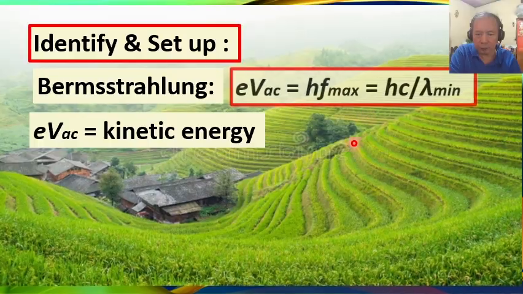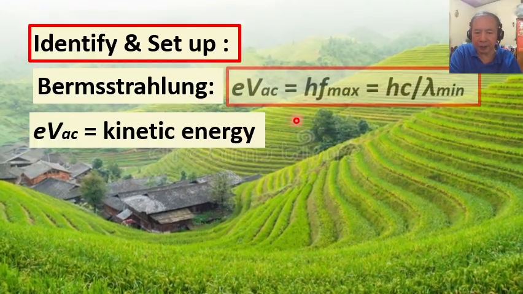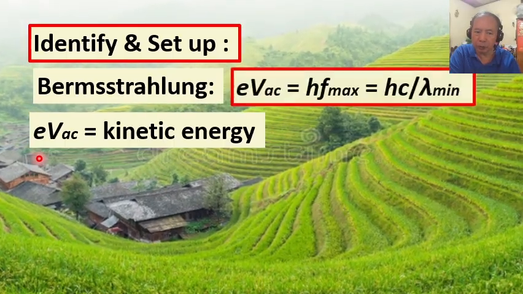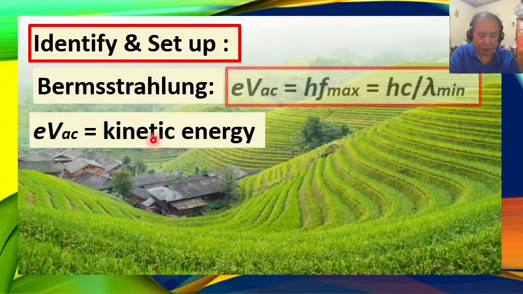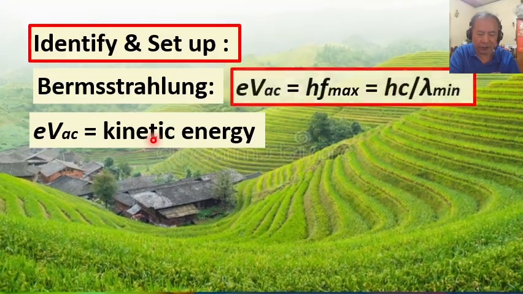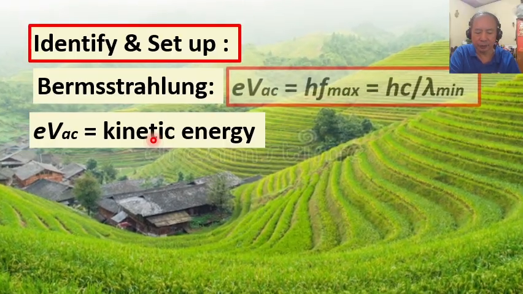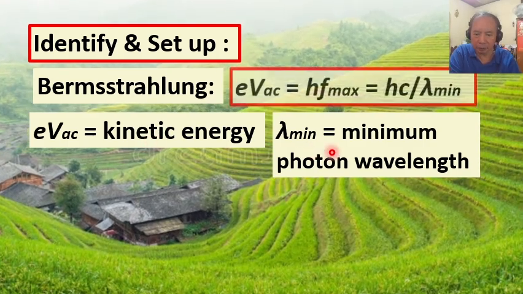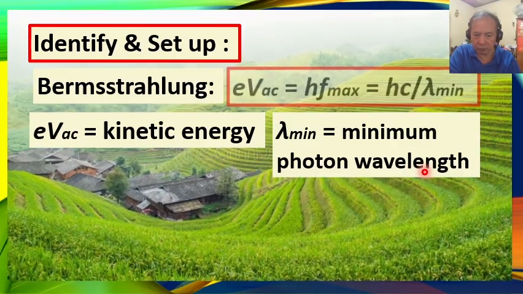So, for emphasis, we are defining each of the quantities given in this equation. So, e times V sub AC, of course, is the kinetic energy of the accelerated electron. Lambda sub min refers to the minimum photon wavelength.